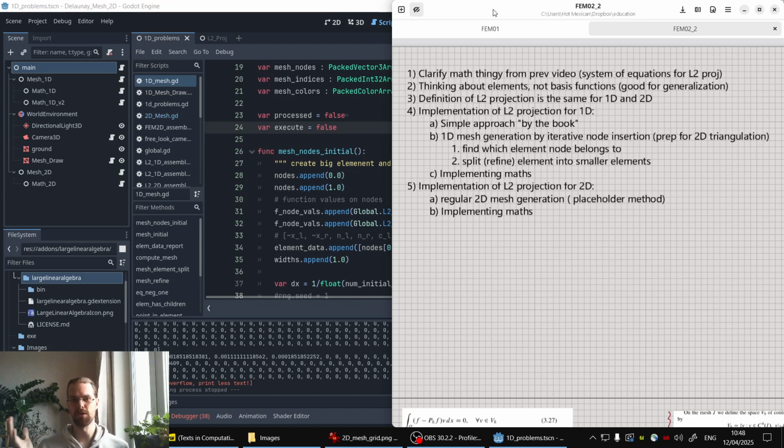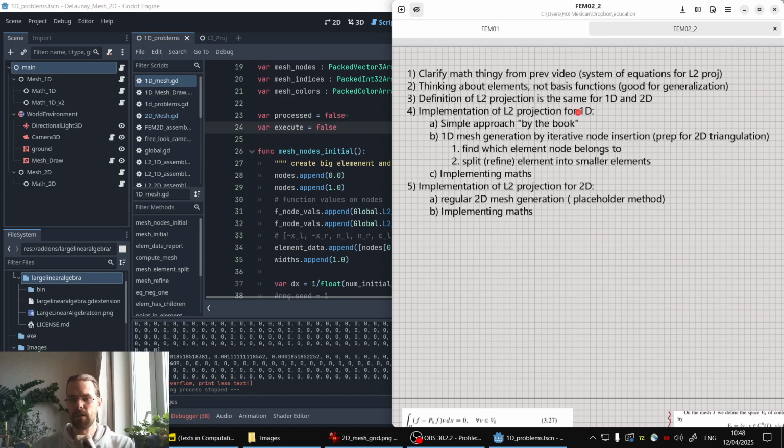L2 projection is the first non-trivial case of actually getting the system working. So you assemble this matrix, you solve this matrix, you assign values to your nodes, and you can visualize some kind of solution. So I think it's still very useful to go through this process.